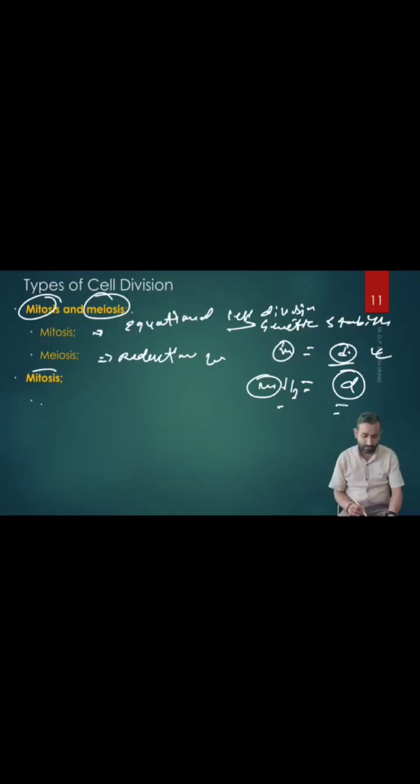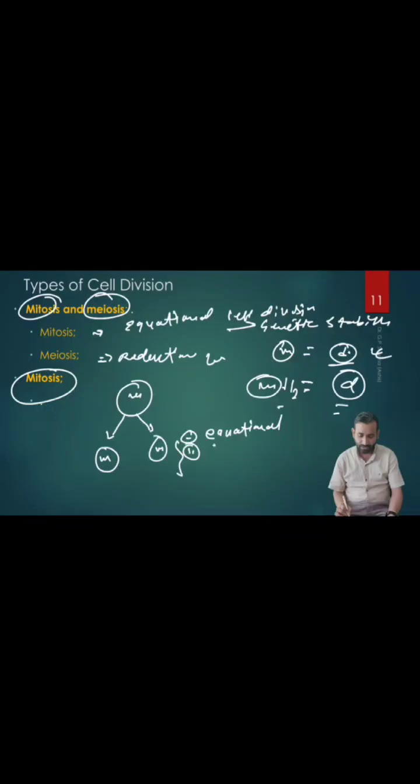So let's discuss a little about mitosis and then go to the phases. This is a mother cell. It divides into two daughter cells with the same genetic material. Number one, it is equational. Number two, it produces genetically identical daughter cells.